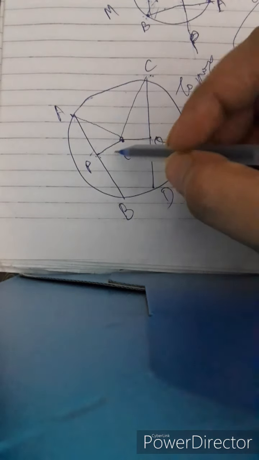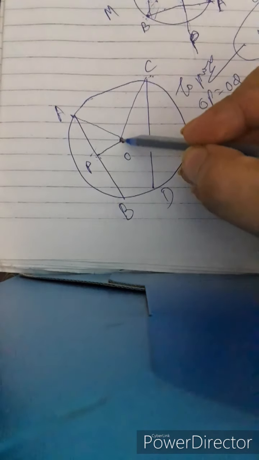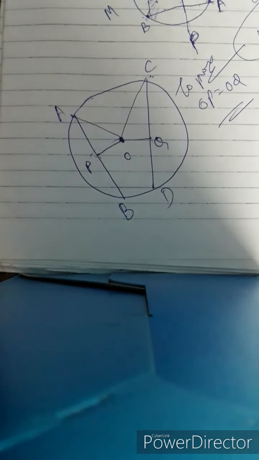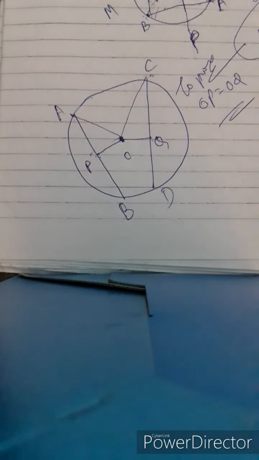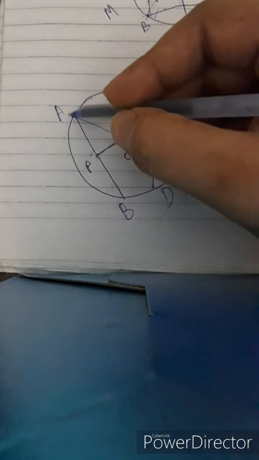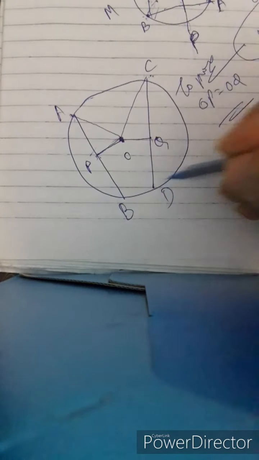We know a line from the center of the circle which meets the chord at a point is the perpendicular bisector of that chord. In the earlier theorems we have seen this. So now OP becomes the perpendicular bisector of AB, and OQ becomes the perpendicular bisector of CD.